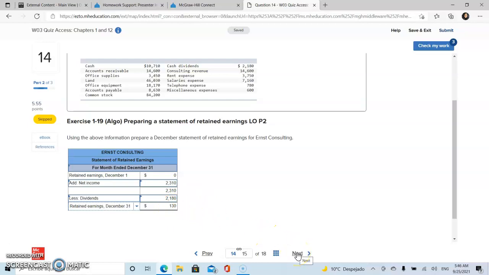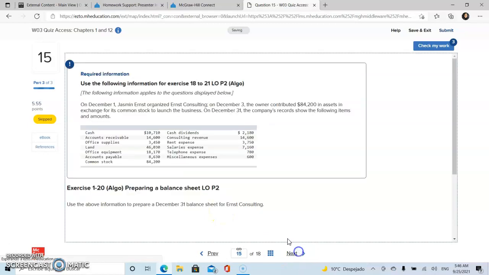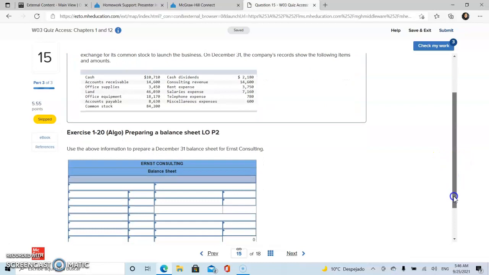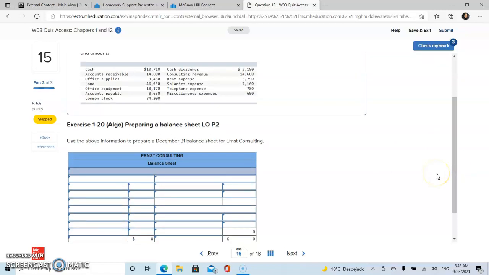So we're gonna go ahead with our next problem, 15. In this problem, we are required to do a balance sheet for Ernst Consulting. So this statement will show the financial position of Ernst Consulting at the close of business on December 31st.